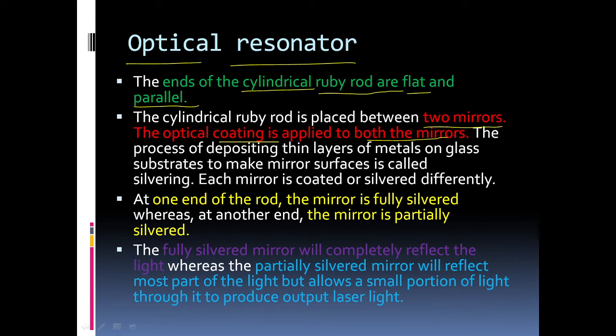One is 100% coated and the second is partially coated. One end of the rod has a fully silver coated mirror, and the second end is partially silver coated. By this, the photons are reflected by 100% by the fully reflecting mirror and 95% by the partially silver coated mirror.